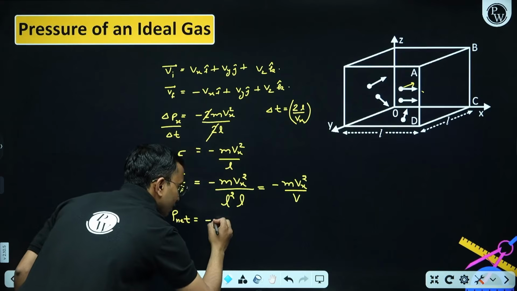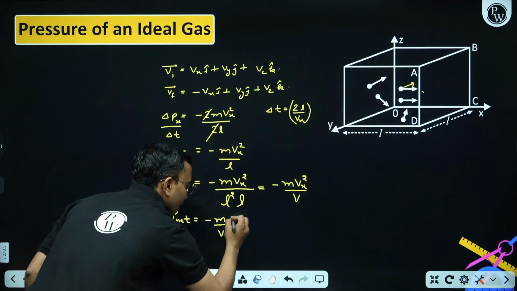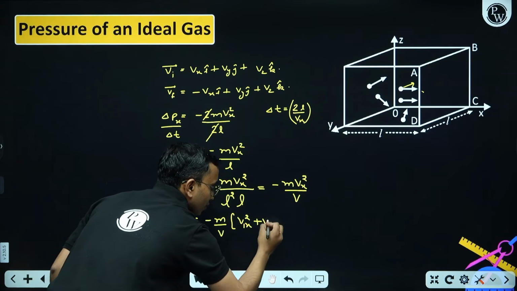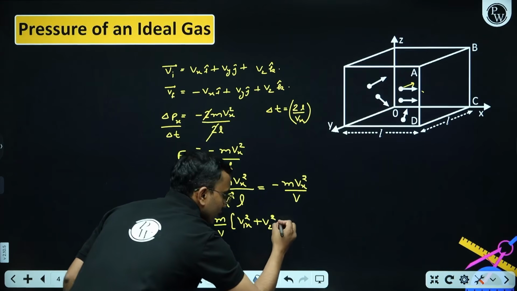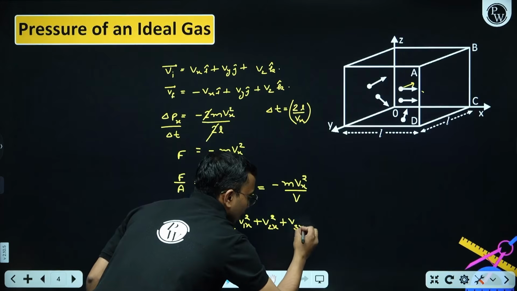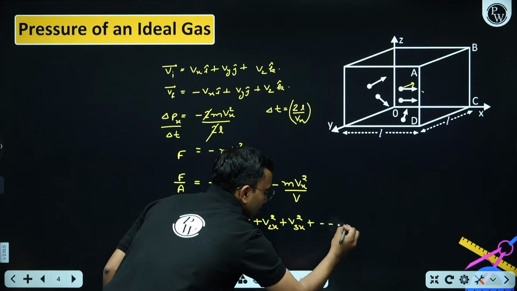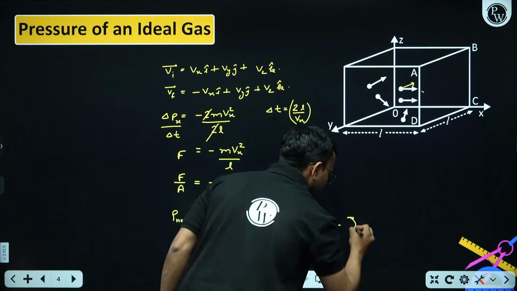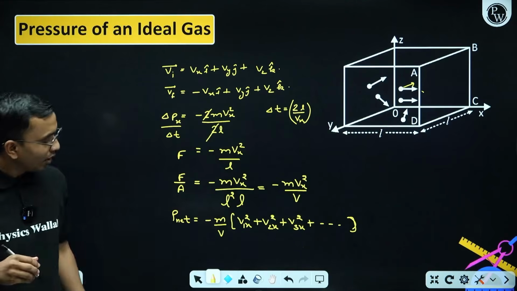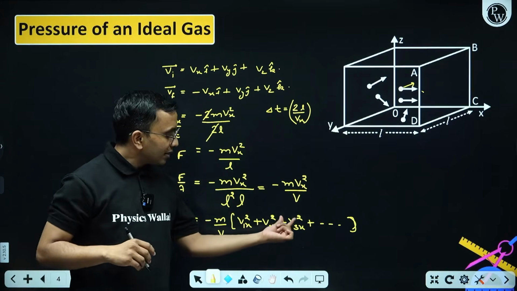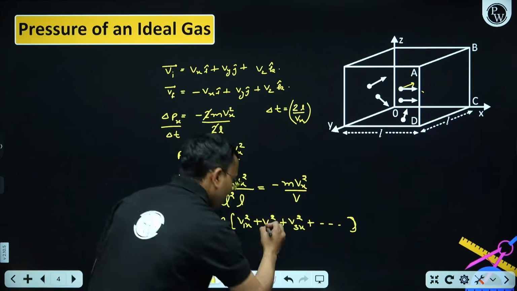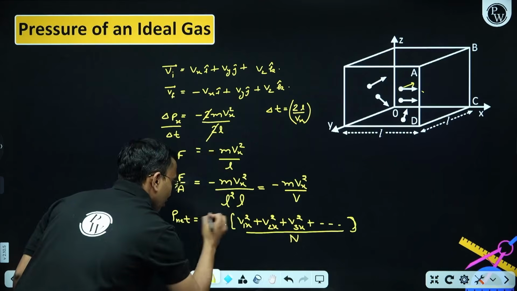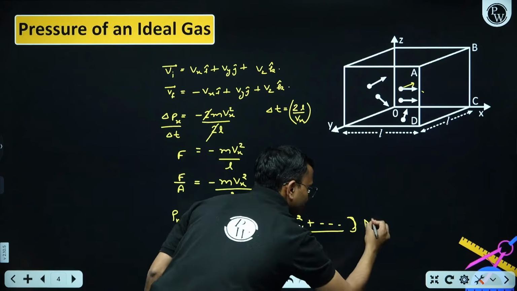So here minus m by V, and it will become v1x square plus v2x square plus v3x square, and so on. Now let me divide and multiply by n, as there are n number of particles.